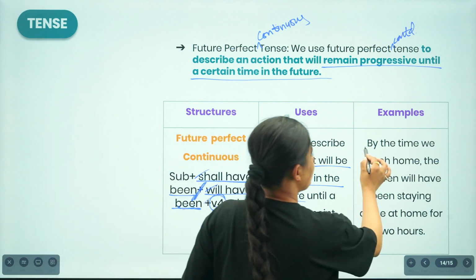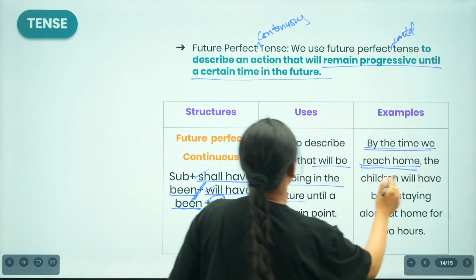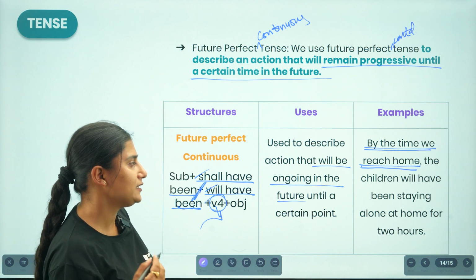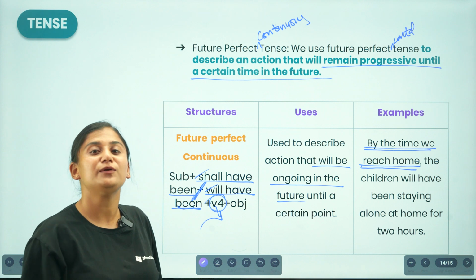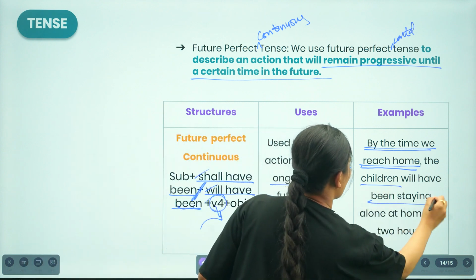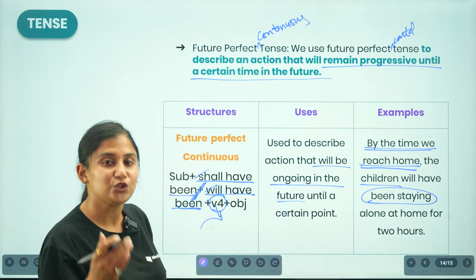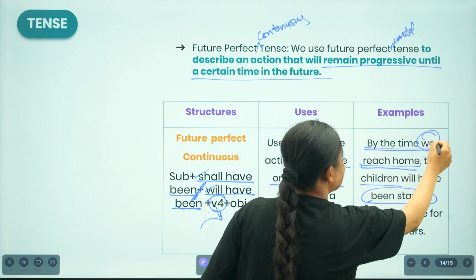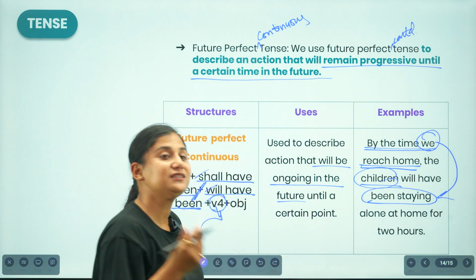By the time you reach home, the children will have been staying alone at home for hours. So that is, something will be ongoing in the future. That is, the children staying alone will be in a progressive form until a certain point in time, until you reach home.